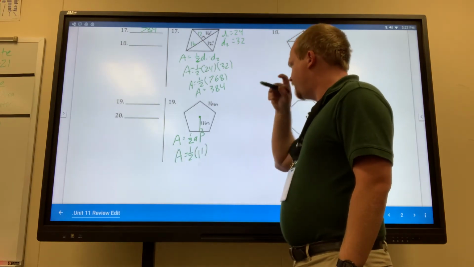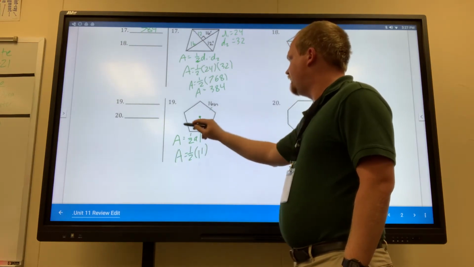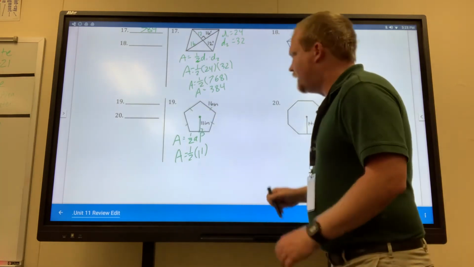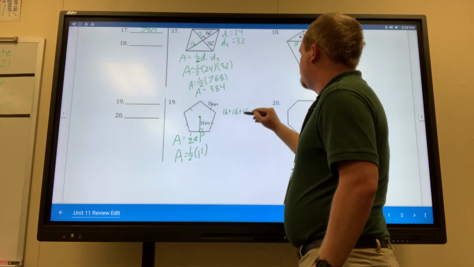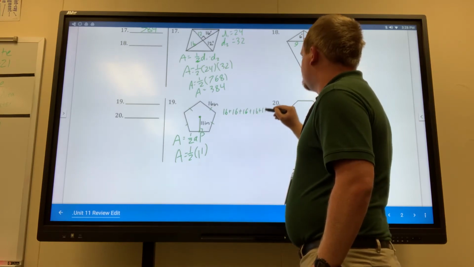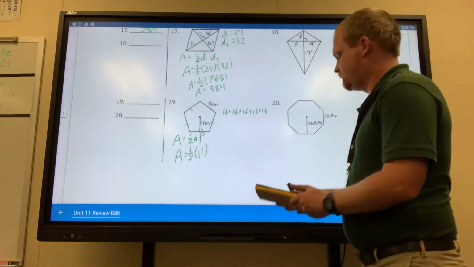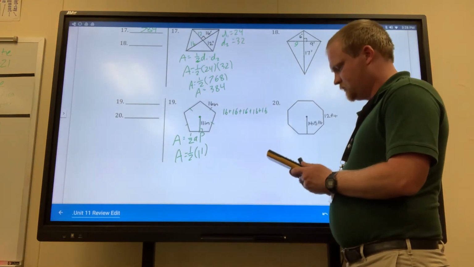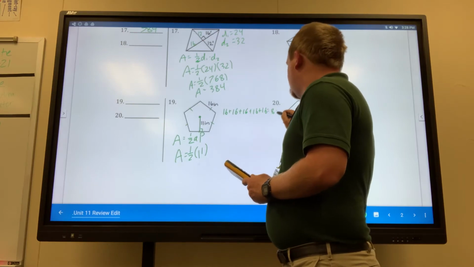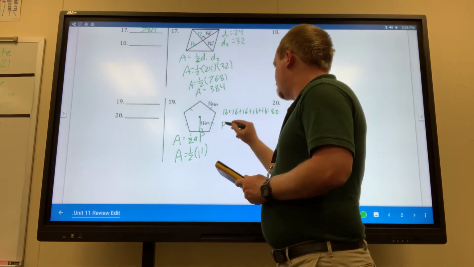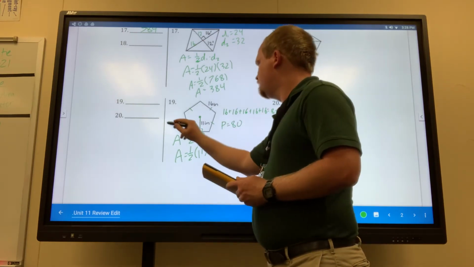Now the perimeter for this, all the way around, I got to add 16 5 times, which gives me 80. So my perimeter is 80.